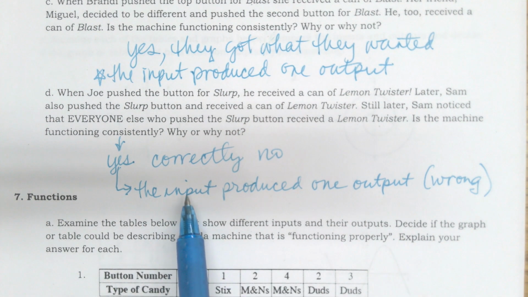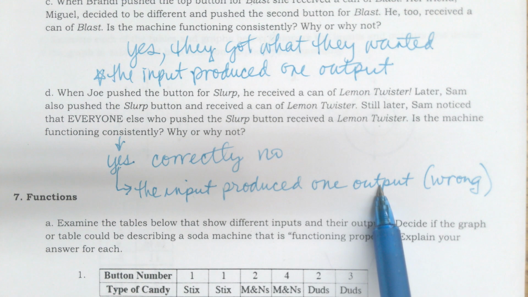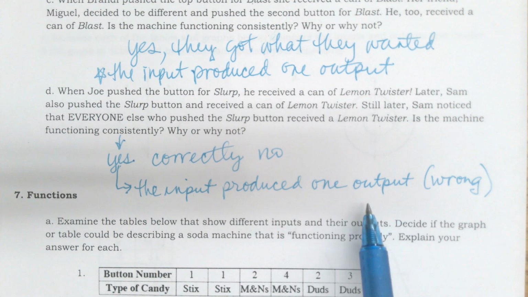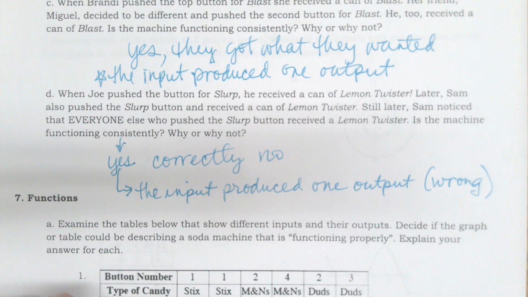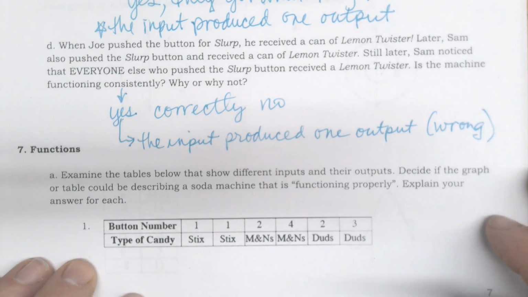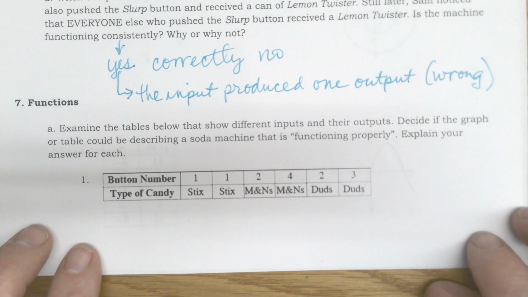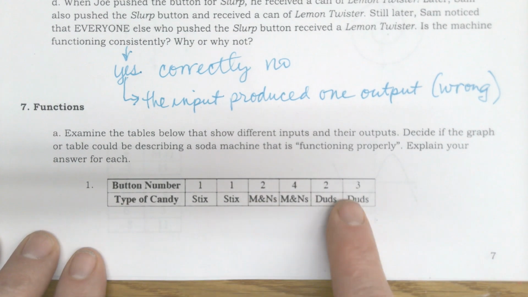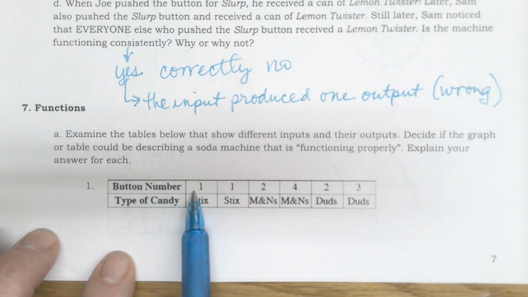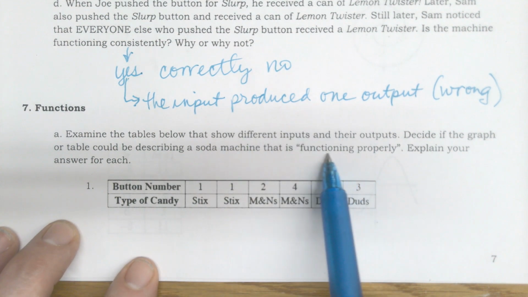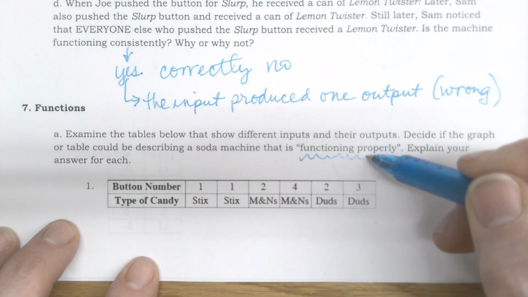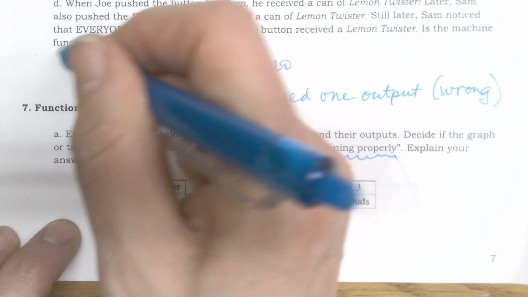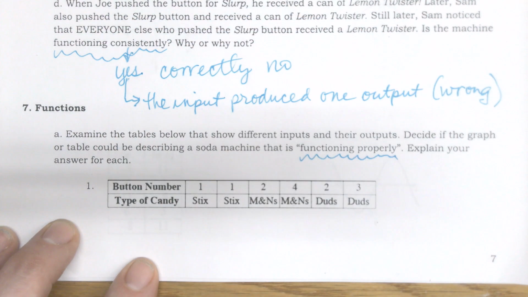And that, again, input and one output is a very, very important thing when it comes to functioning properly. And again, there's a difference between functioning consistently and functioning properly. Okay, so we're going to take a look at some other machines. And we have the button number for this candy machine. Now we're going to be answering functioning properly as opposed to functioning consistently.